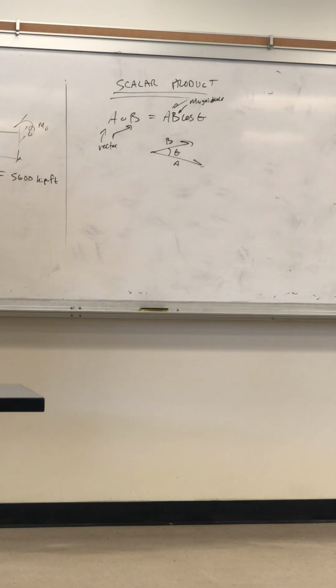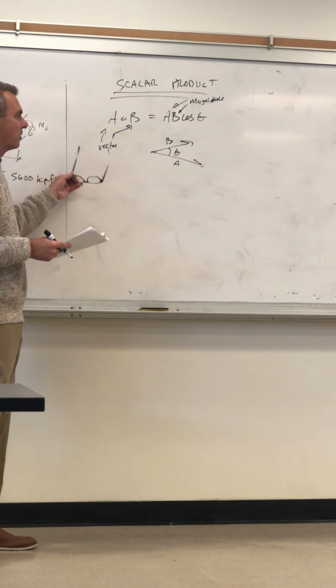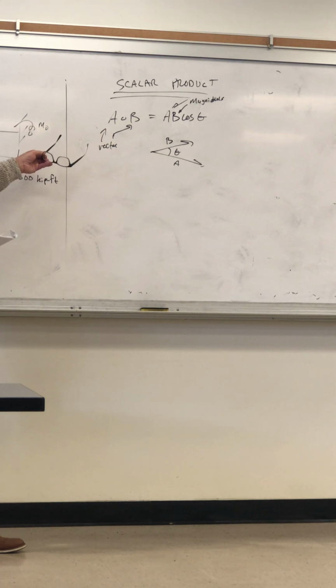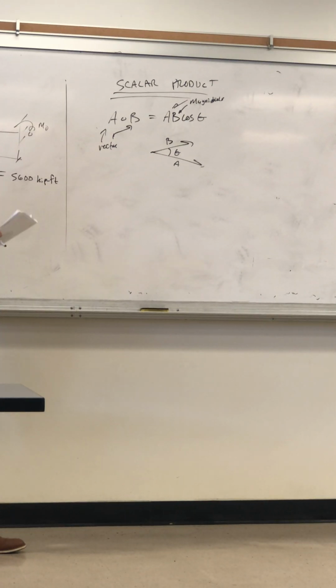So a scalar product, A dot B, gives you like A times B. It just gives you a scalar. It's not a vector.